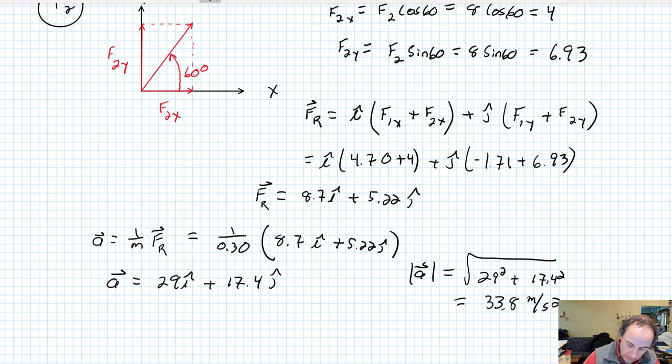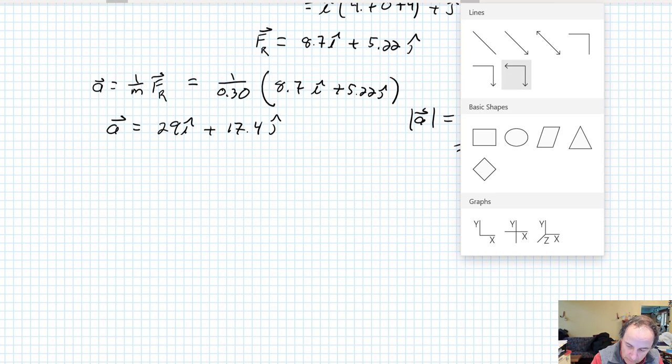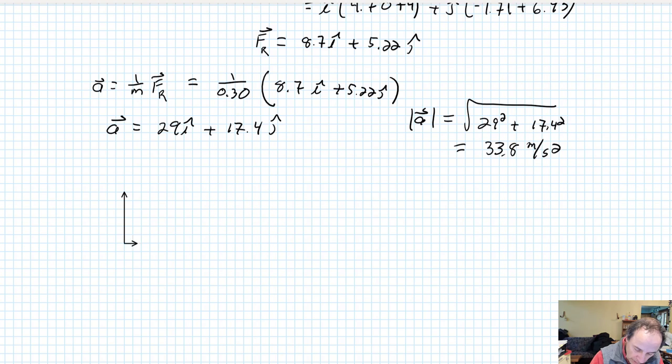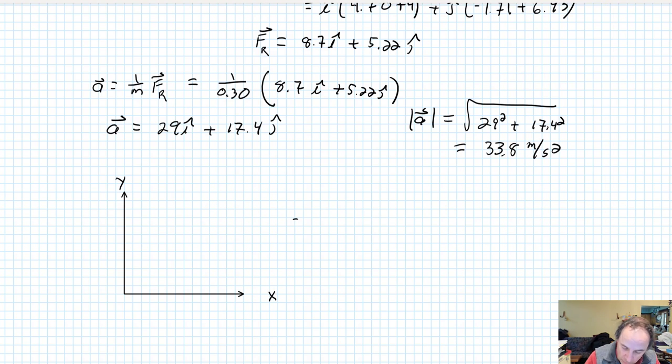And if we're asked to find the direction also, making our coordinate system here, we had an x and a y. We have an acceleration vector that we know is in the first quadrant because both components are positive.